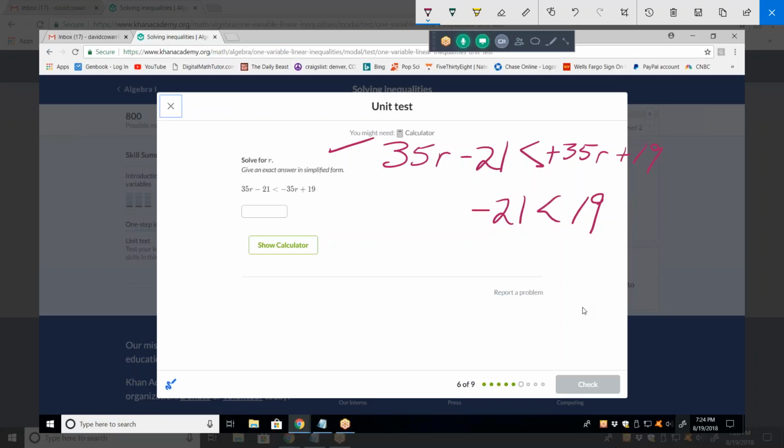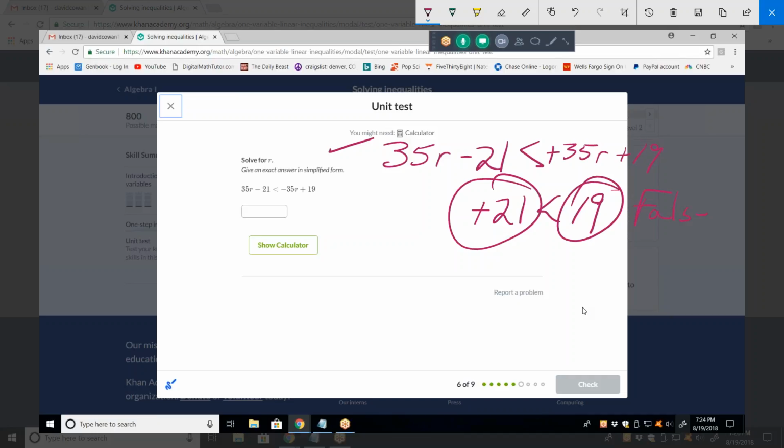I can make R 100, it would be true. I can make R a half, it would be true. The R's are always going to cancel, and you're always going to have minus 21 is less than 19. Now, if I had plus 21 is less than 19, well, that's not a true statement. That's a false statement.